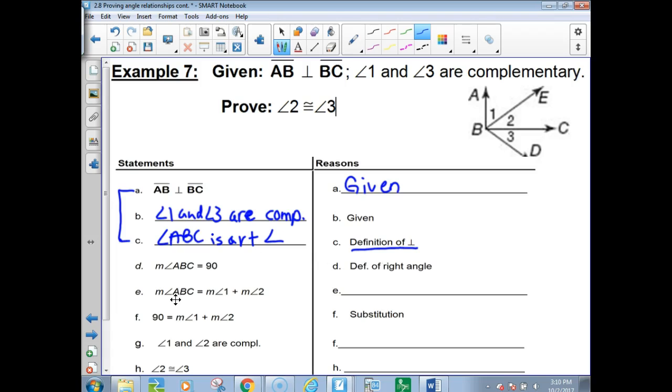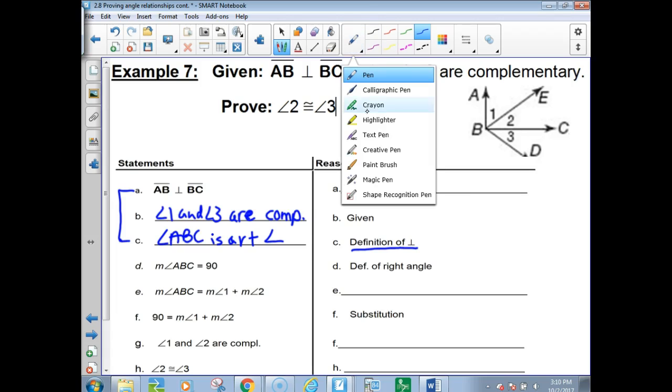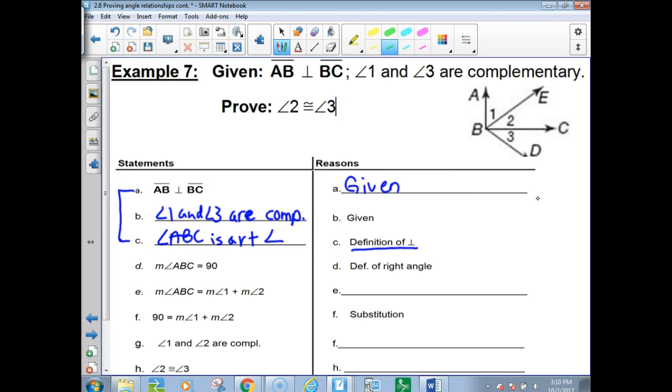Now it says the measure of angle ABC equals angle 1 plus angle 2. How come? We haven't written that one down for a little while. Why is this angle equal to angle 1 plus angle 2?